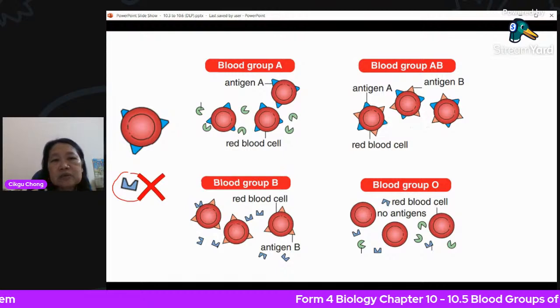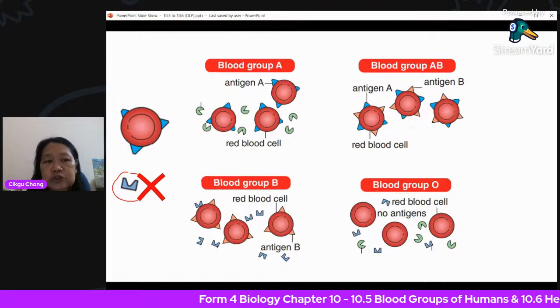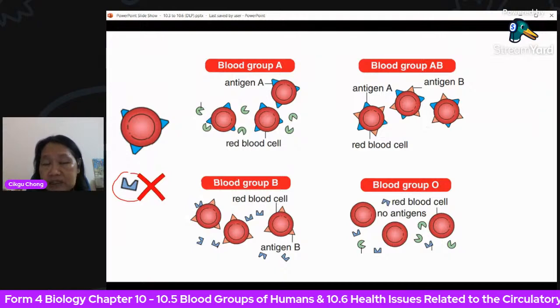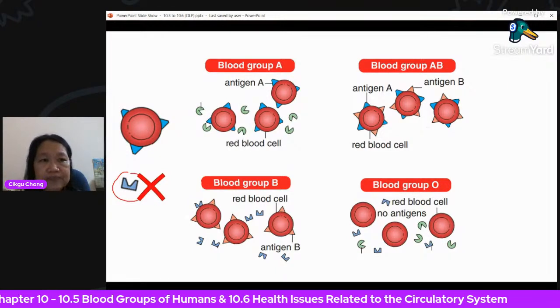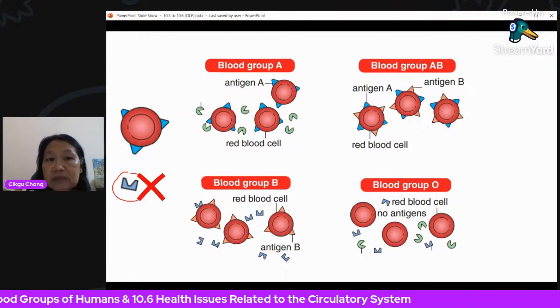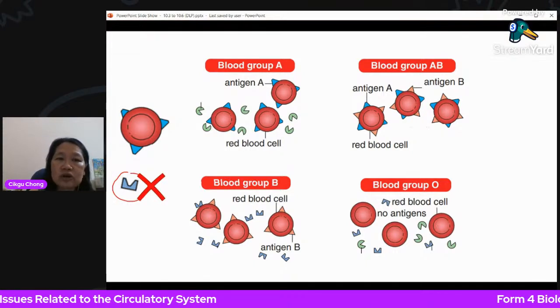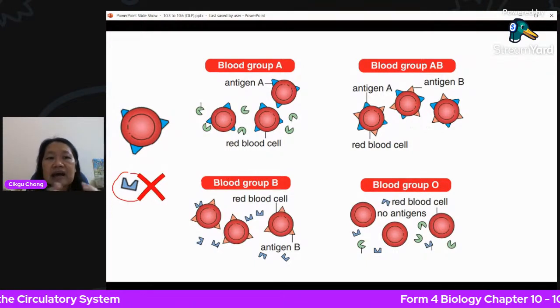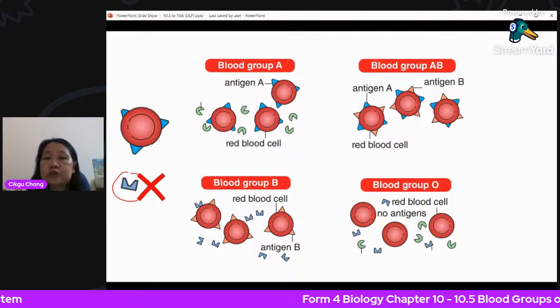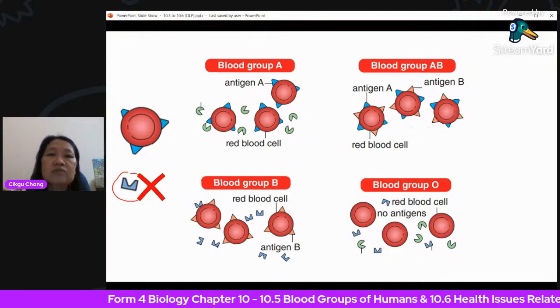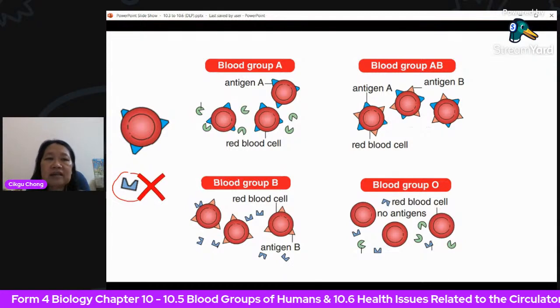That means a person who has antigen A should not have antibody A, because if antibody A exists in the blood of the person with antigen A, this antibody will bind onto the antigen A, cause the blood cells to stick together, and they cannot flow. And the person will, of course, be deprived of oxygen, and the person will die.